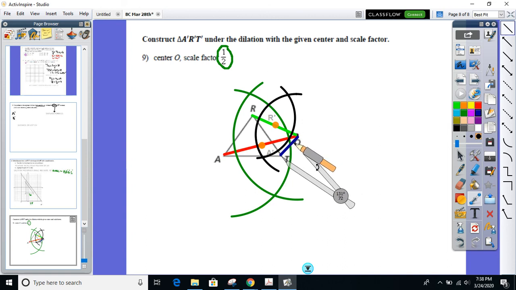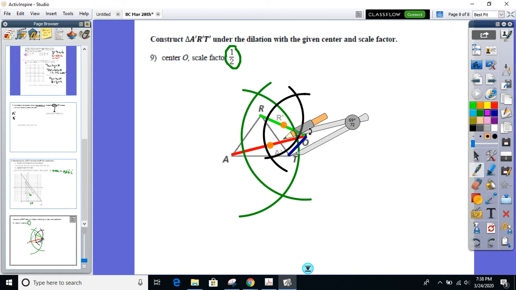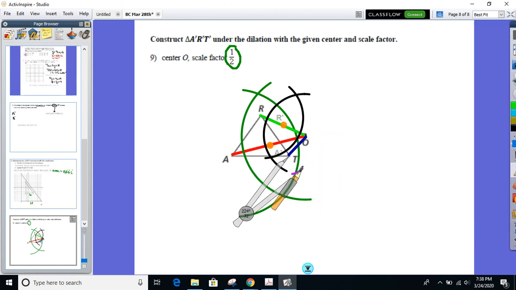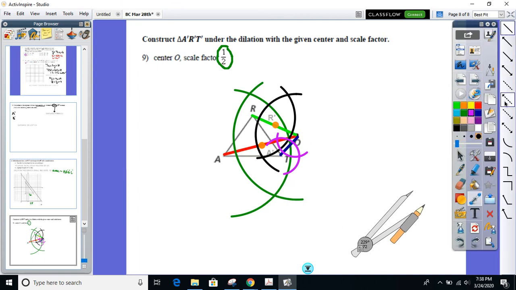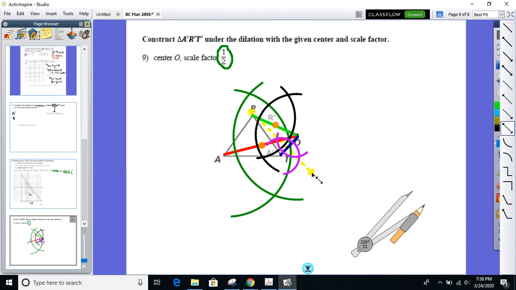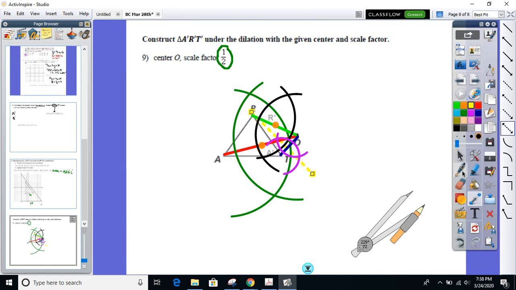A lot of arc marks. I wanted that in a different color. Flip it over. There it is. Draw my line through so I know where it's going to hit. Right there.